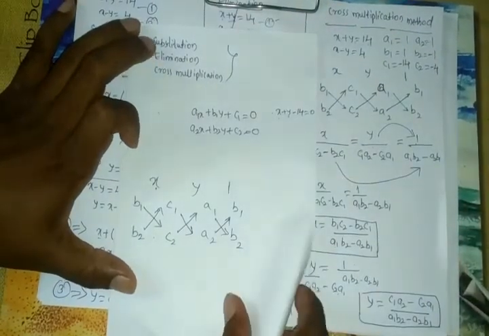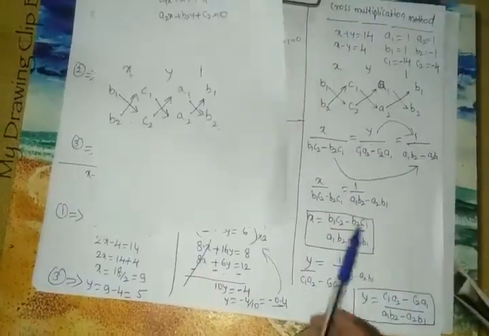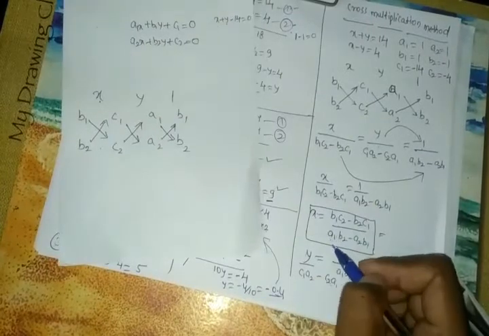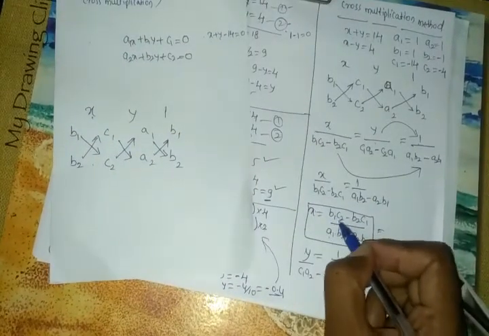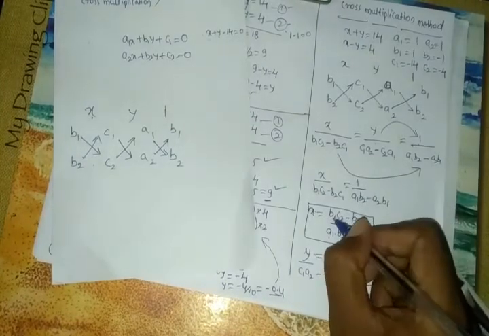Okay, so now, after coming to this formula, just substitute the values of b1 c2 b2 c1 and simplify it. Okay, let us try to do.